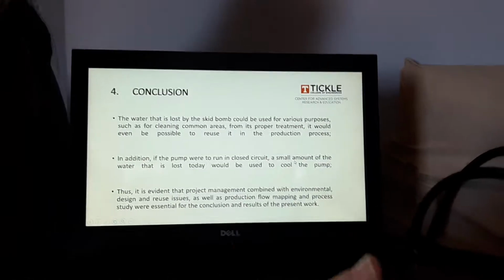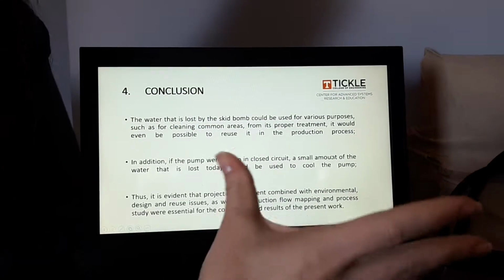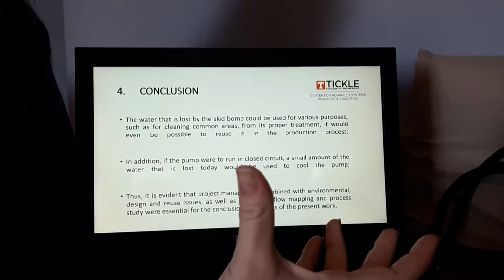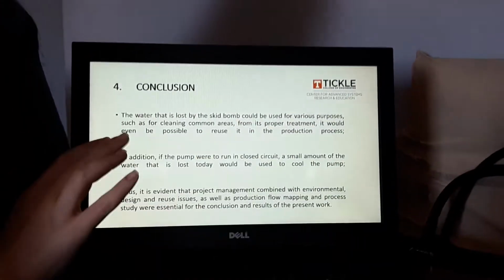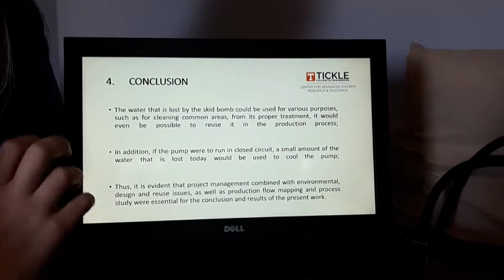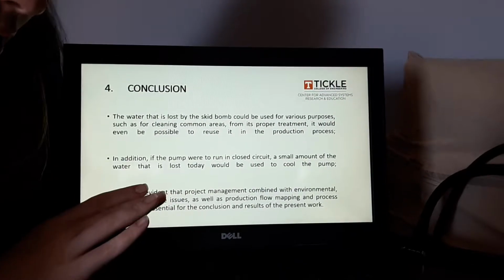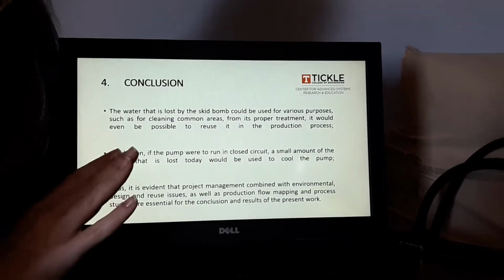So, the conclusion here is that the water lost could be used for various other purposes, such as cleaning common areas, okay? So we are losing much water that could be used for other reasons, okay?